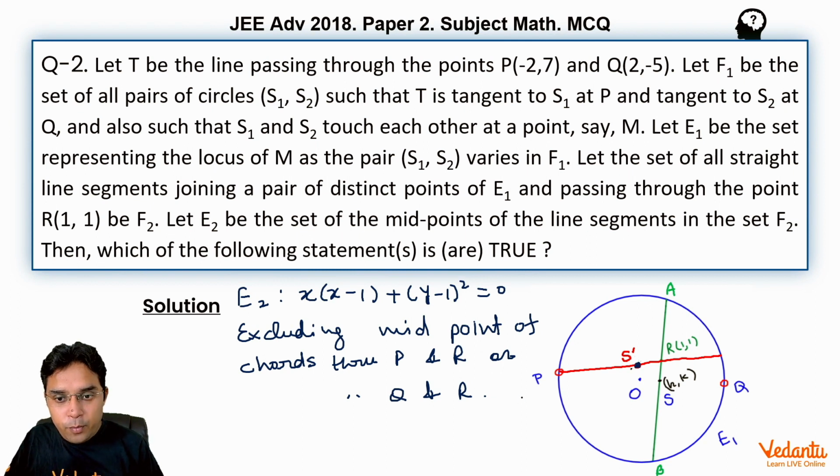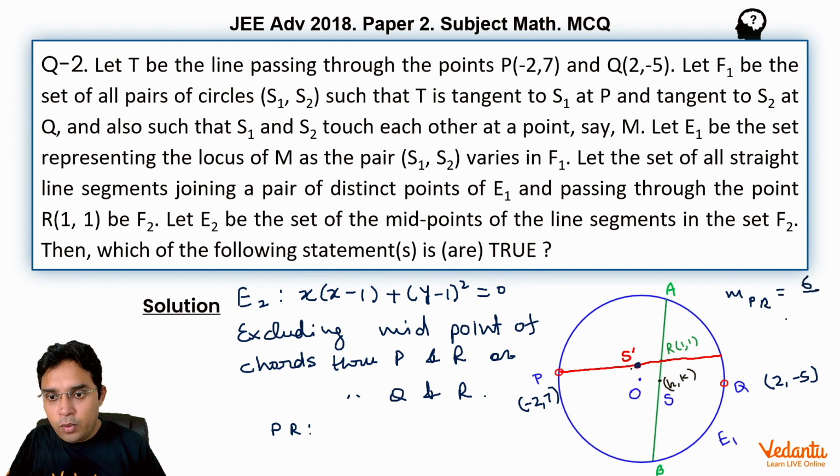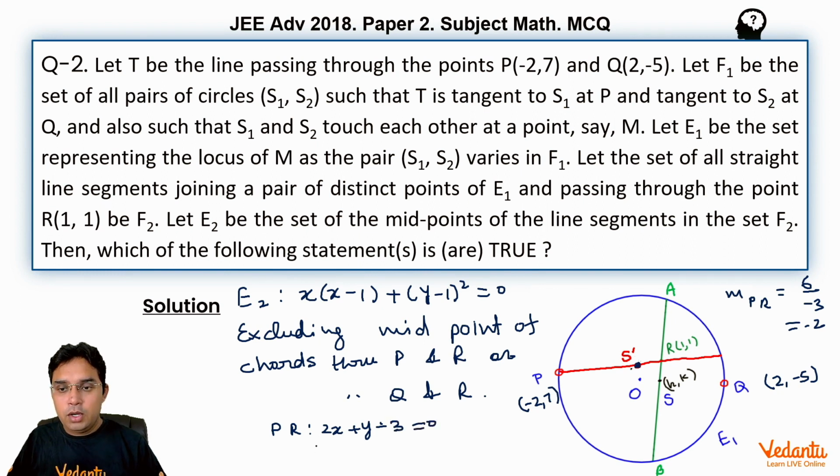Now this P point is (minus 2, 7), Q point is (2, minus 5). So if we write the equation of PR, I think it can be written directly, because the slope of PR will be 6 upon minus 3, that is minus 2. So the equation of PR will be 2x plus y minus 3 equal to 0.